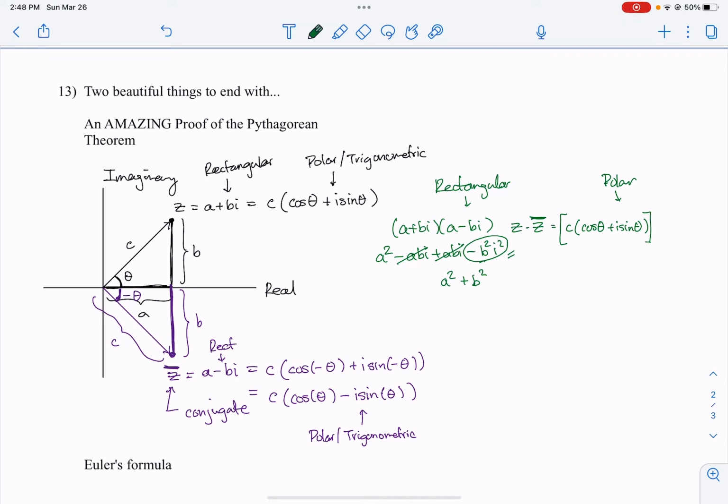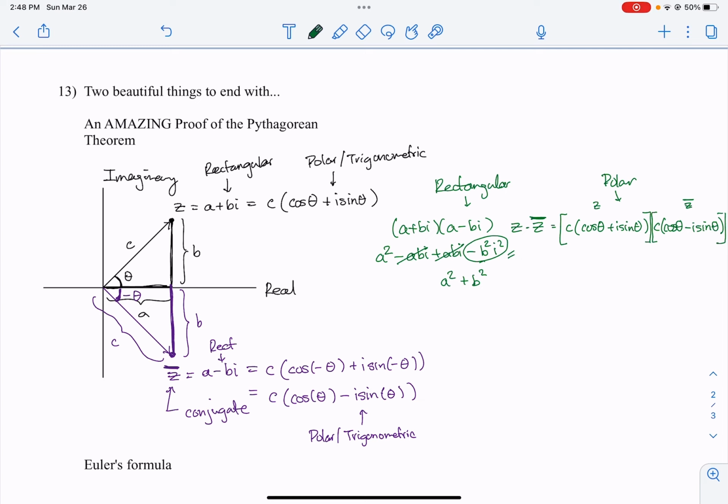That's the polar form for z. And then we have times the polar form for the conjugate, which is c times cosine theta minus i sine theta. So this is z, and this is z bar, the conjugate.